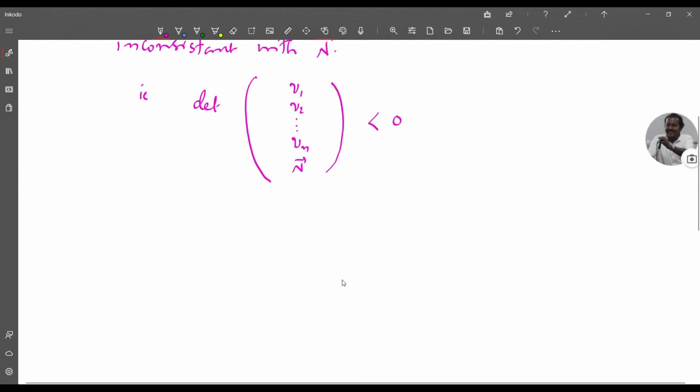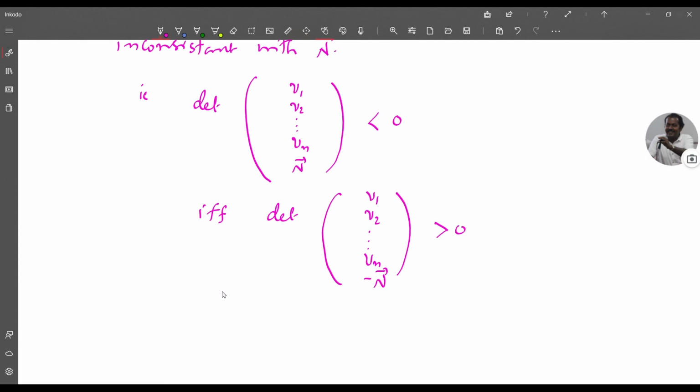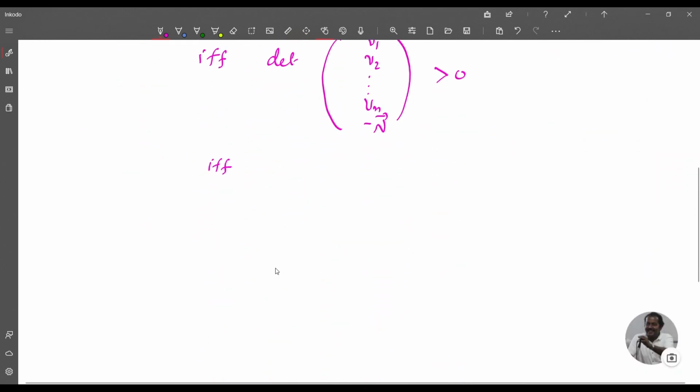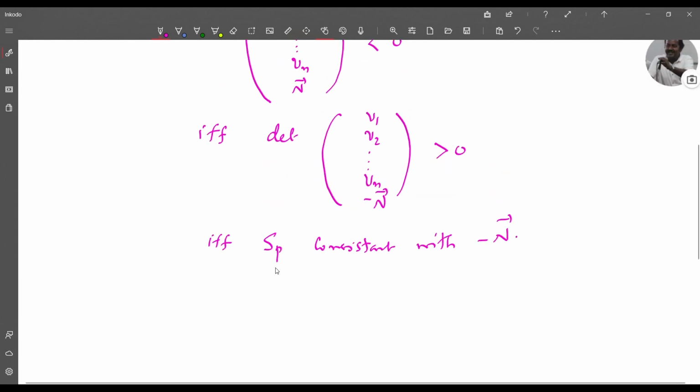Now this is if and only if the determinant of V1, V2, etc., Vn, minus n is greater than 0. That is, if and only if the basis for Sp is consistent with minus n. So this solves that problem.